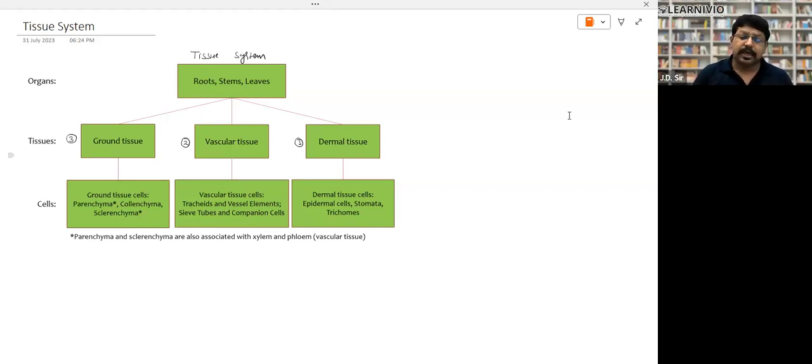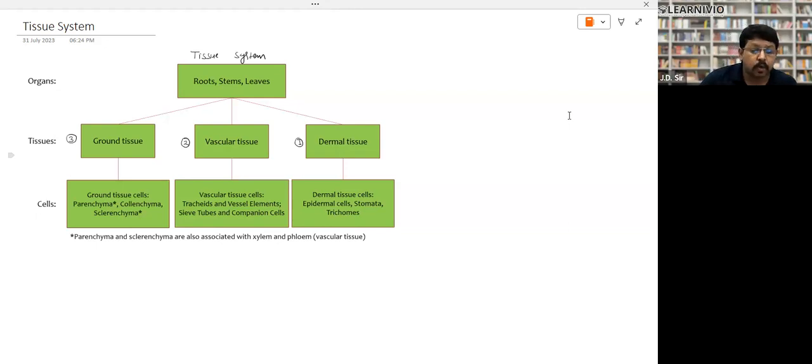Basically, 70 or 80% of the ground tissue is made up of parenchyma, the filler tissue. Wherever in the plant there is a lacuna or some space, it will be filled by parenchyma tissue. So ground tissues are parenchyma, collenchyma, and sclerenchyma. They make the ground. Clear?